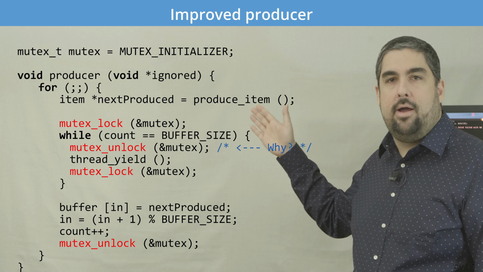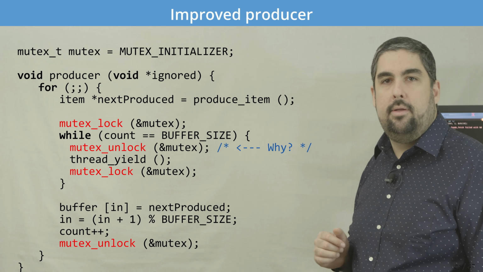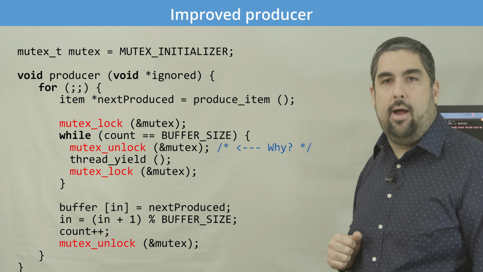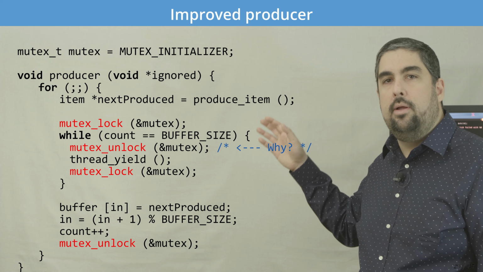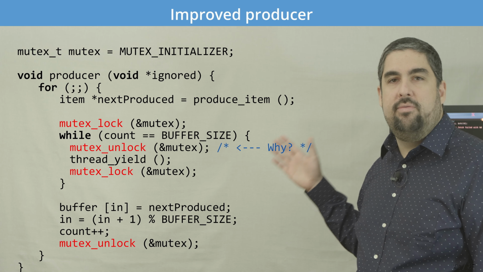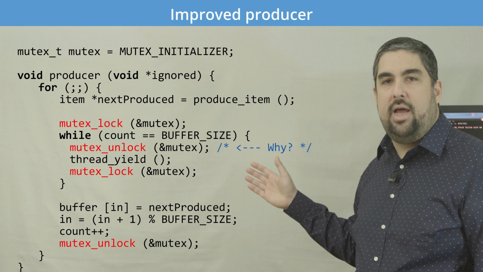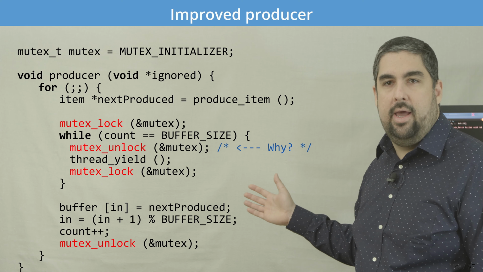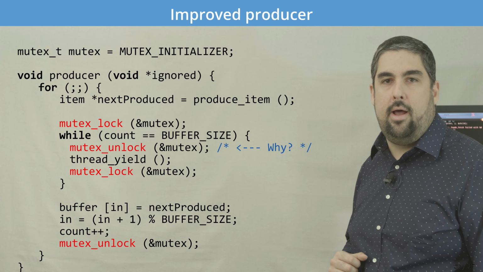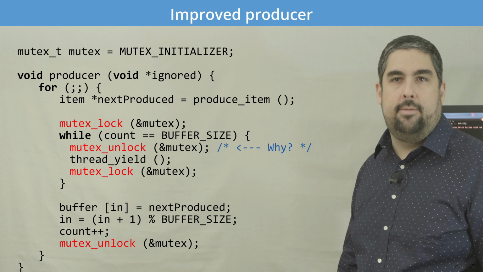So we need to unlock the lock and then yield, allowing other threads to run, and then we can reacquire the lock to recheck the count. Now when we've exited the loop, we're still holding the lock, and adding the produced item into the buffer, incrementing the buffer index, and incrementing the number of total items is all done while holding the lock. And finally, we'll release the lock before we produce the next item.